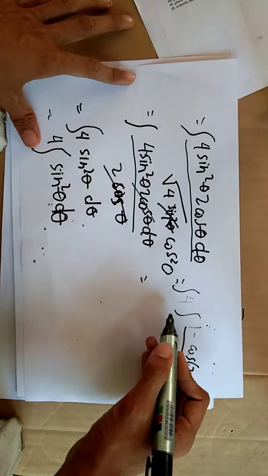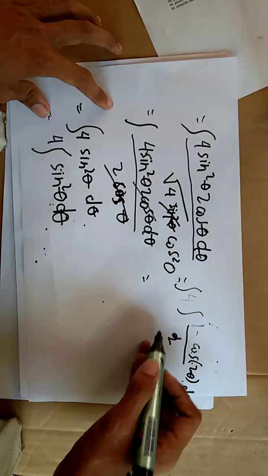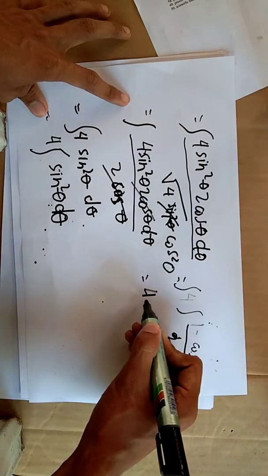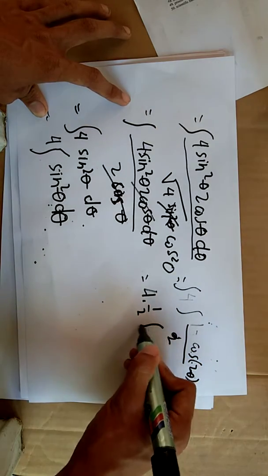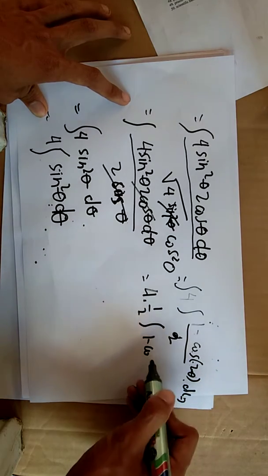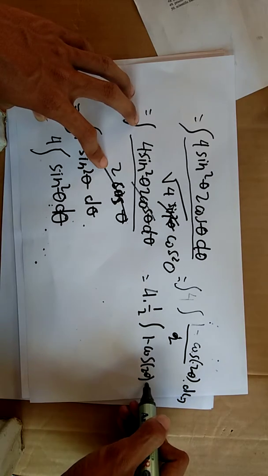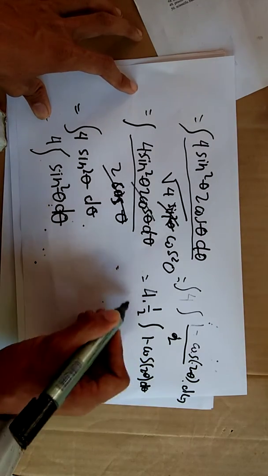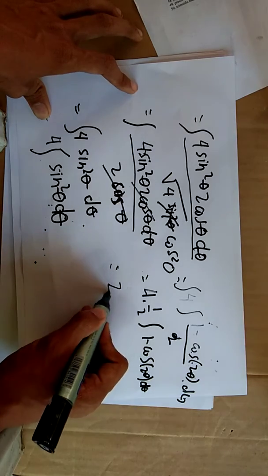Then next we will extract the 1/2 of this equation. So it will become 4 times 1/2 times the integral of 1 minus cosine 2 theta d theta. Then we'll multiply these two, so it will become 2.